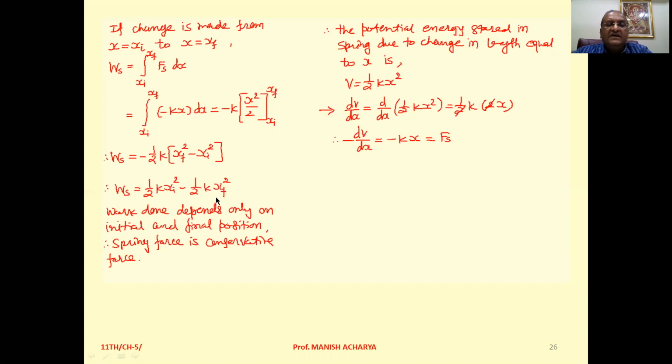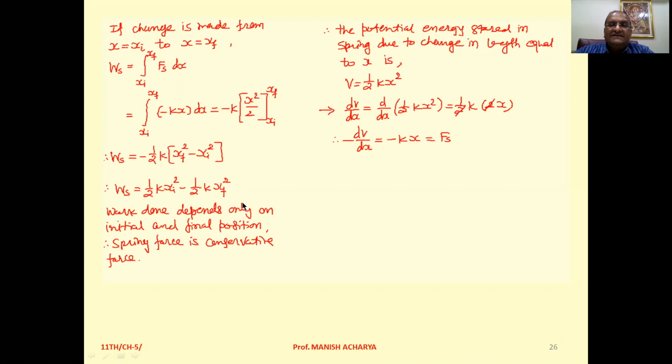See, xi and xf are the initial and final positions. So again here we can observe this thing, the work done by spring force depends only on the initial and final position. It does not depend on the path through which the spring moves from initial to final position.